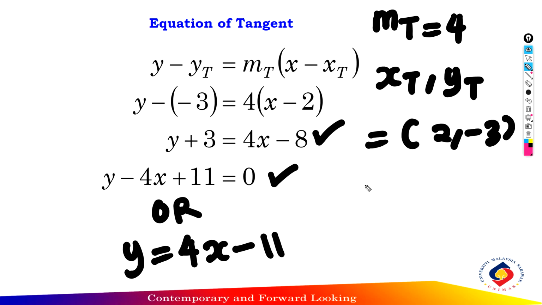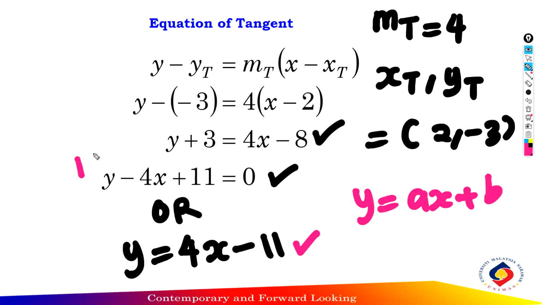Or you can write down the final answer in terms of ax plus b. So y equals ax plus b, and the final answer here is y equals 4x minus 11. So you can choose the first option, writing the answer in general form.